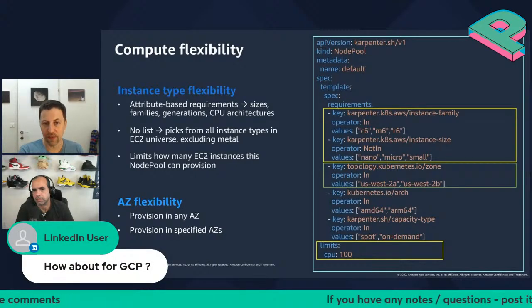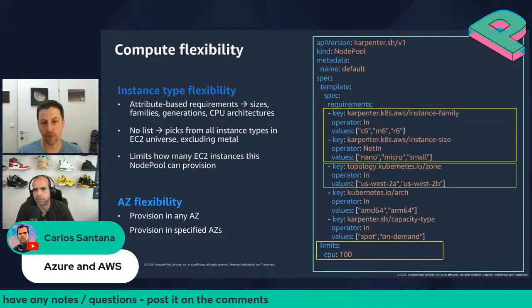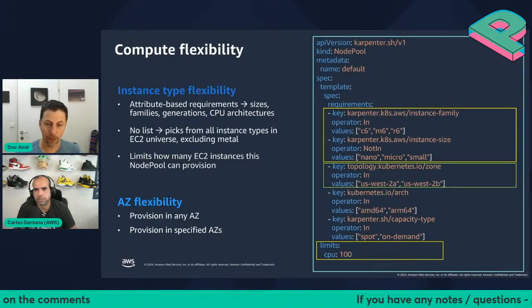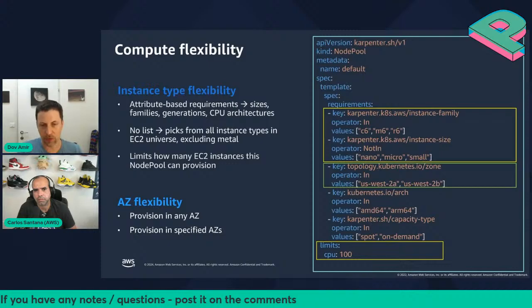But if there's no spot available and it checked all the families, C6, M6, R6, it will do what we call fallback to on-demand. So you'll get an on-demand instance, which is more expensive, but you will get the high availability that you expect, and you won't be stuck without instances.